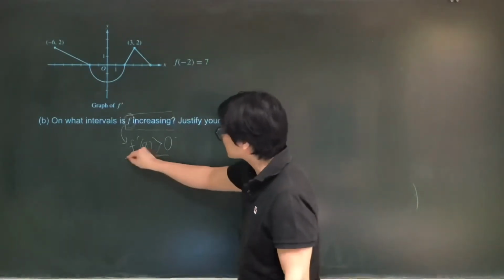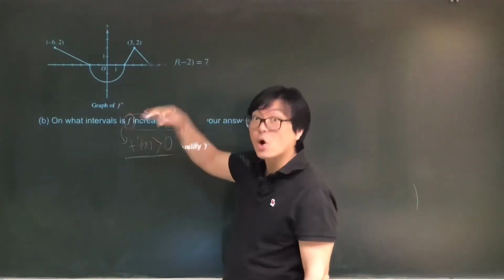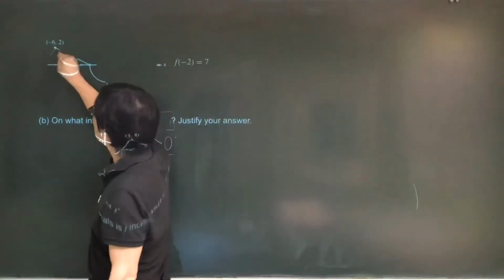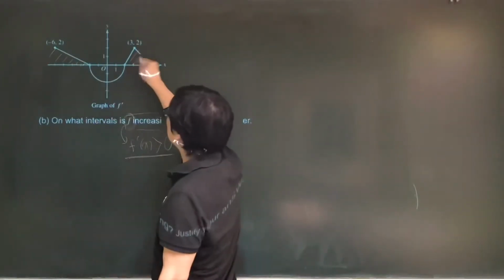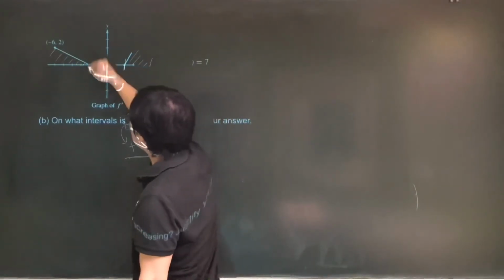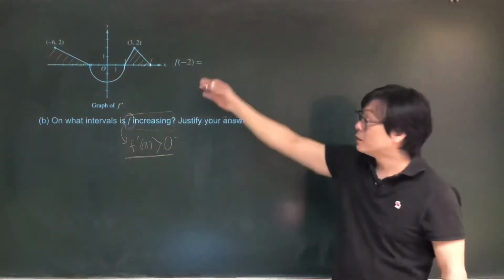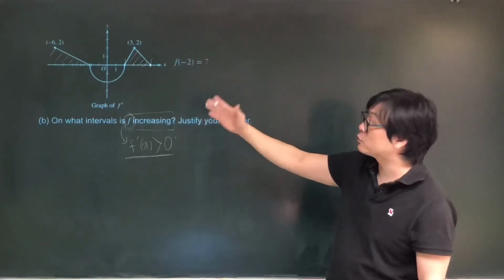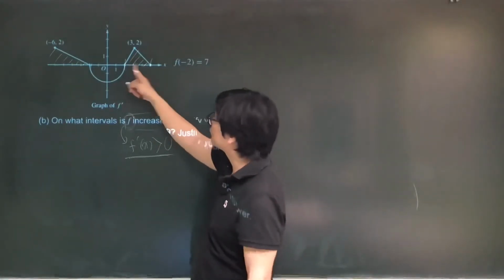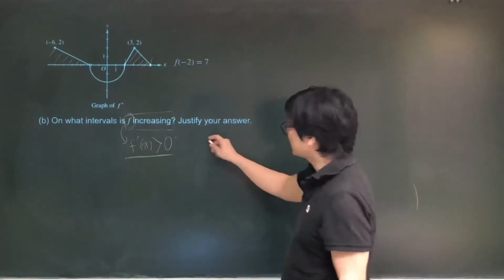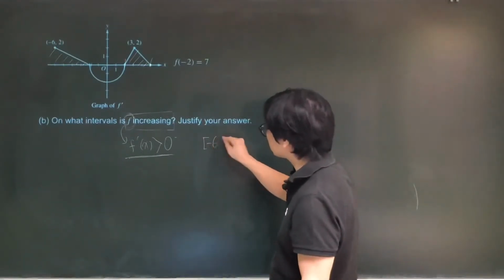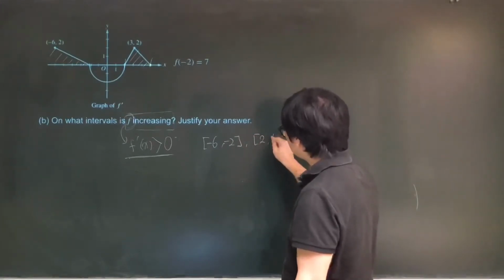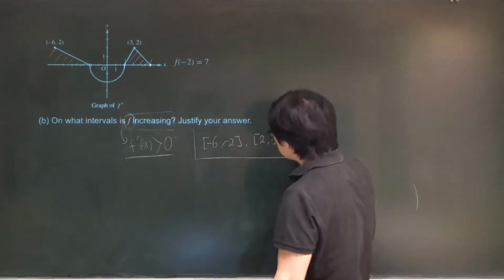So this graph must be above the x-axis, positive, right? So here, here. Simply, f prime is above the x-axis from negative 6 to negative 2 and 2 to 5. So the interval is from negative 6 to negative 2 and 2 to 5. That is the simple answer.